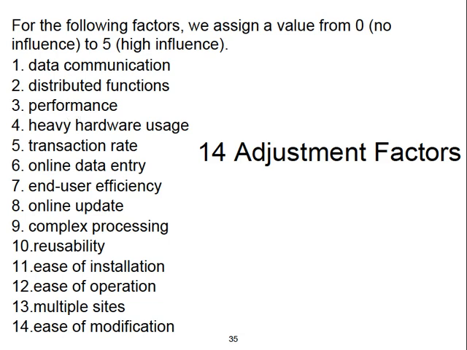If performance is not an issue, you may give 0, but in reality performance most likely would have 1, 2, 3, or 4. Similarly, communication. If it's a standalone system, it will be easy, and we give it 0. But if it communicates heavily with other systems, then we make it a 5.